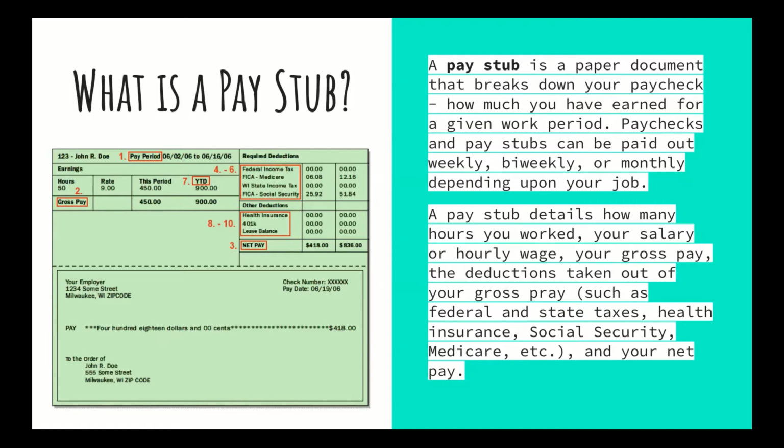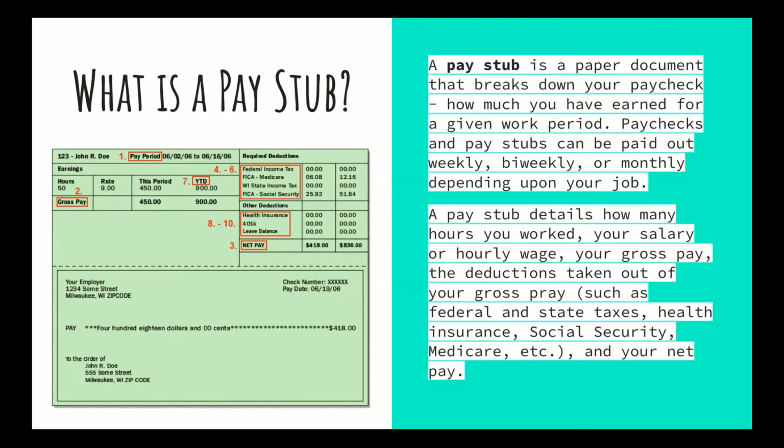If you are a non-full-time worker, then it'll typically be bi-weekly installments where you'll receive your pay stub as well as your paycheck on the same document. So a pay stub just details how many hours you worked, your salary or your hourly wage, your gross pay, the deductions taken out of your gross pay, which include federal and state taxes, health insurance, potentially if you do receive that benefit, Social Security, as well as Medicare, things like that, and your net pay.